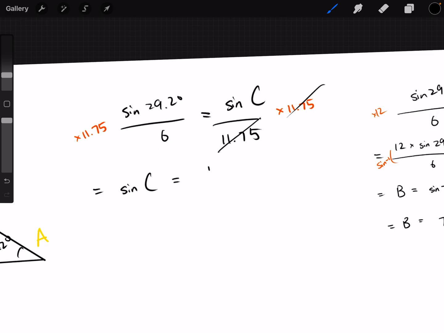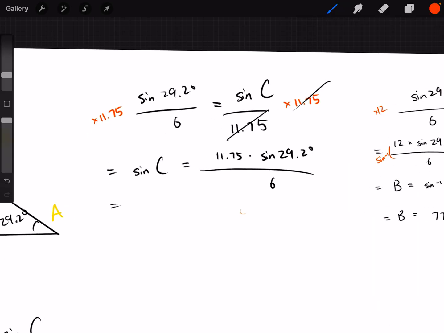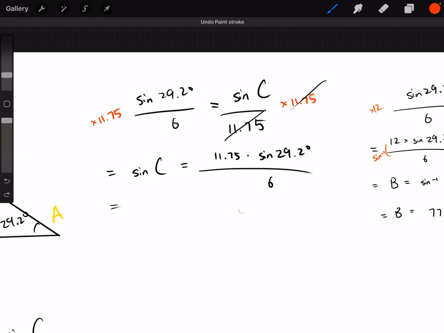So this is 11.75 times sine 29.2 degrees, everything over 6. Now we take the inverse sine to get rid of this sine over here. These cancel out. You're left with capital C is equal to the whole thing over here.